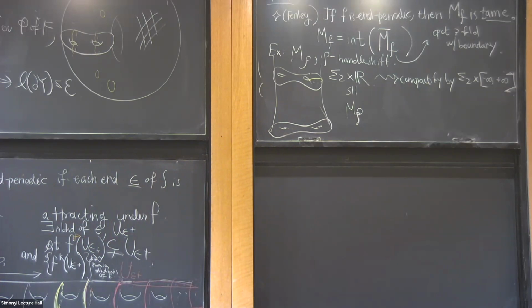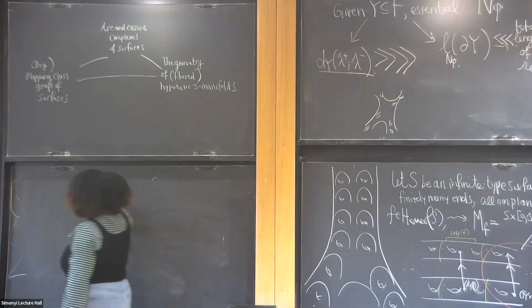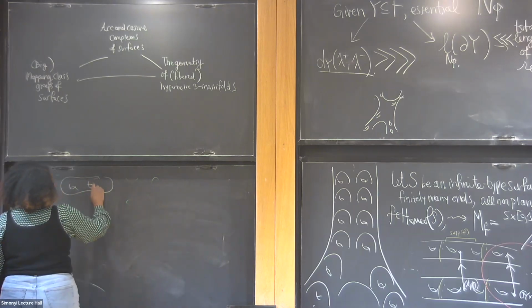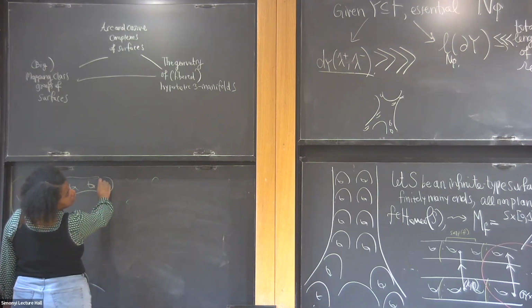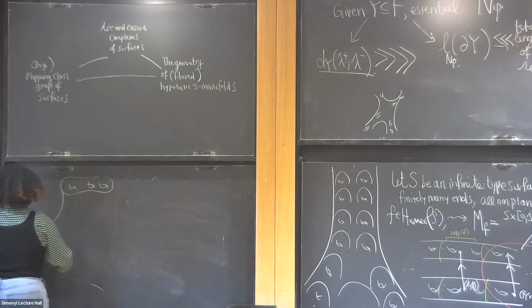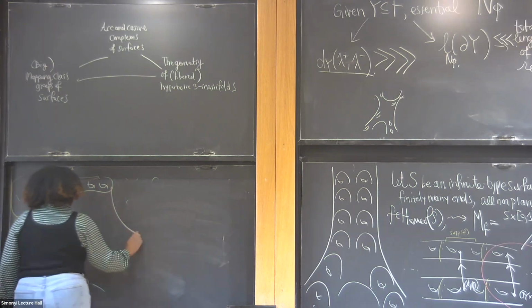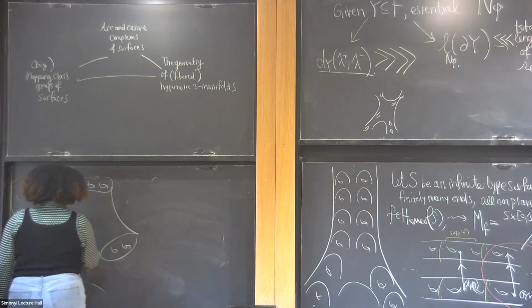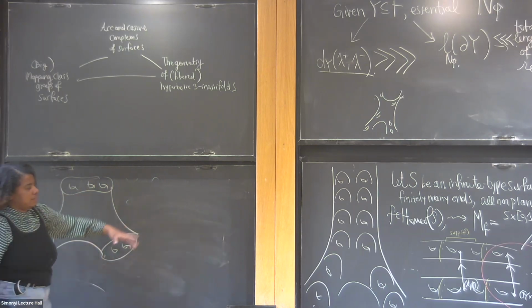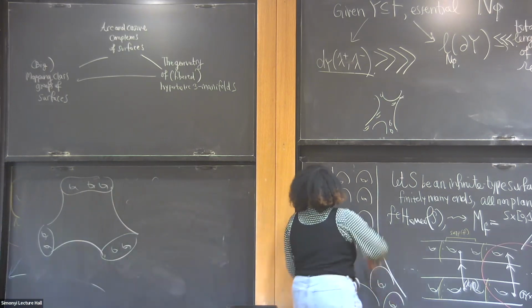The silly picture that I usually draw, for example, like this one. This is what the topology has to be if I have shifts going in here.